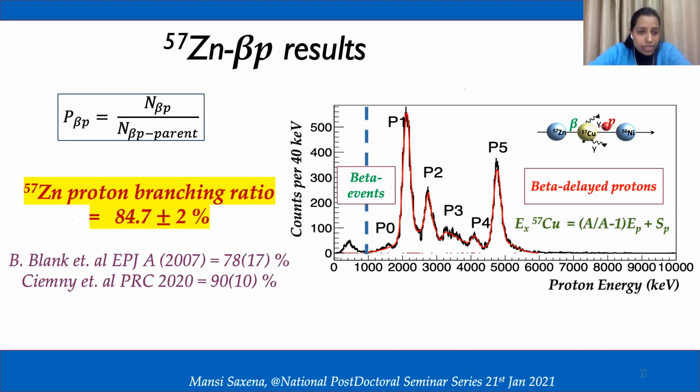The proton branching ratio which we have determined from our experiment is 84.7 with a very small uncertainty of 2%. Again, I should add that it's consistent with all these previous literature values, but we have successfully done what we wanted to do: to have a much higher precision for this value.